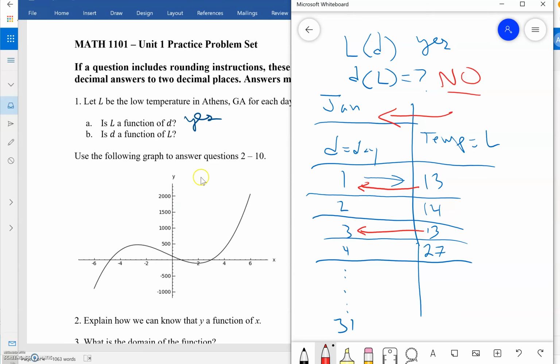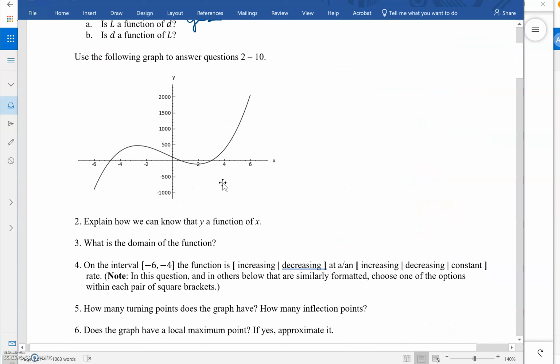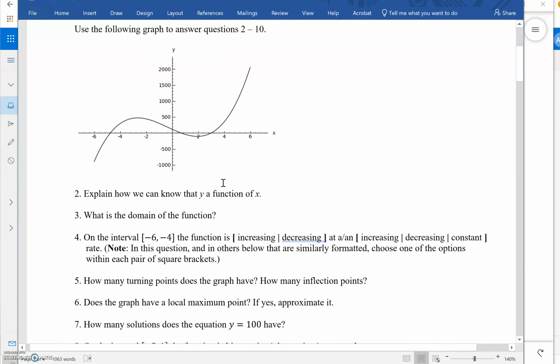Okay, let's go to the next set of questions. All of these questions are going to use this graph. Question number 2 says, explain how we can know that y is a function of x, where y is the vertical axis, the output here, and x is the horizontal axis. We know that y is a function of x because it passes the vertical line test.